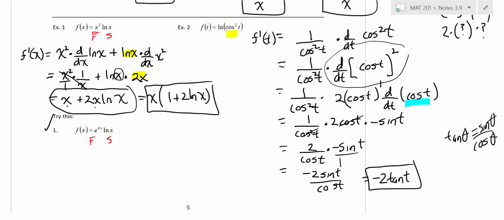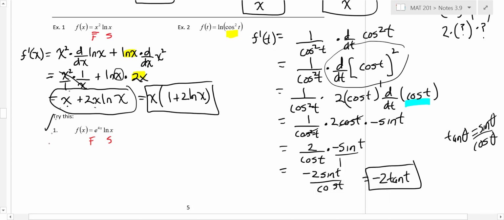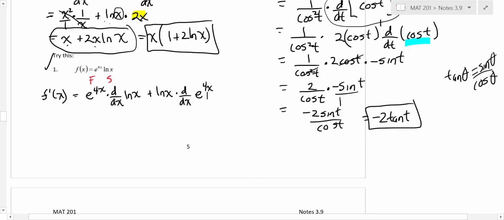And there isn't going to be much simplifying I think you'll be able to do on this. So there's your product rule. So once you get that set up in your product rule, I think this one right here is not going to be hardly anything you can do.